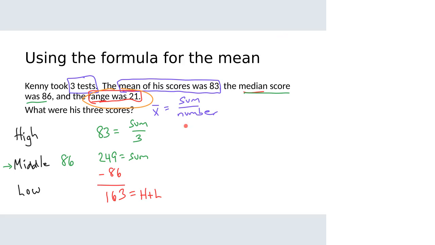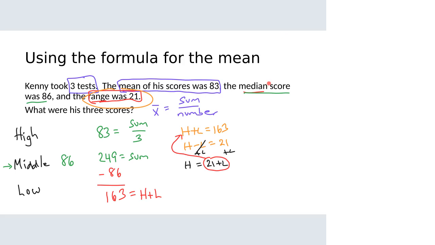We knew that H plus L was 163 and H minus L was 21. We added L to both sides in that bottom equation. Those canceled, and we found out that H is just 21 plus L. And then I can take that 21 plus L and substitute it in for H in the top equation.